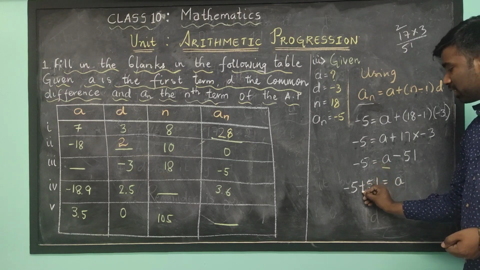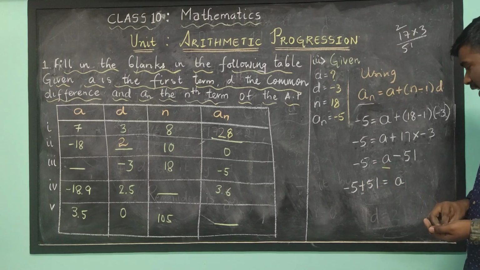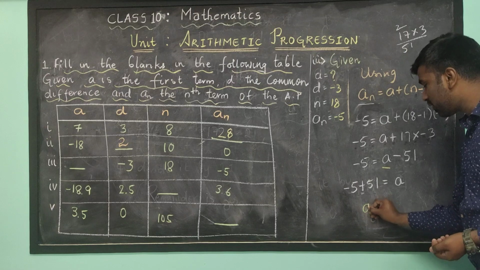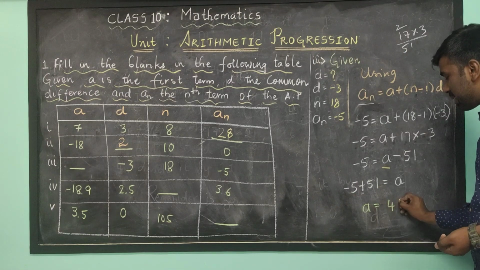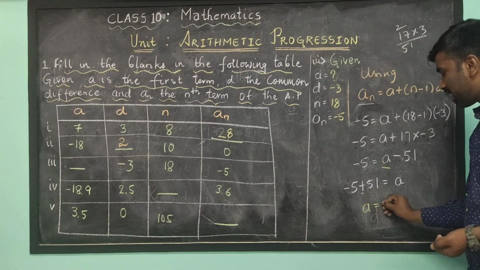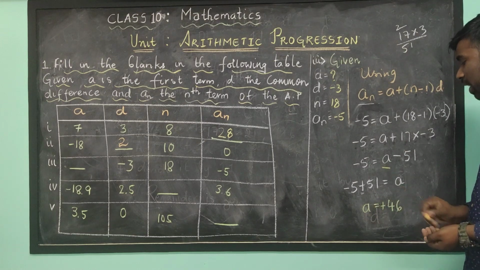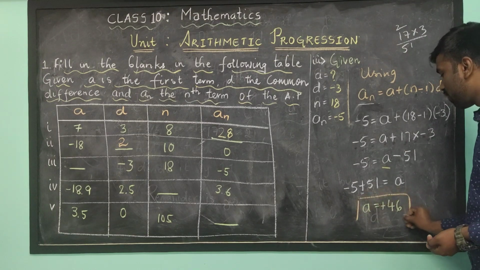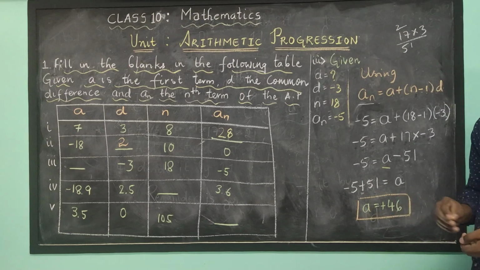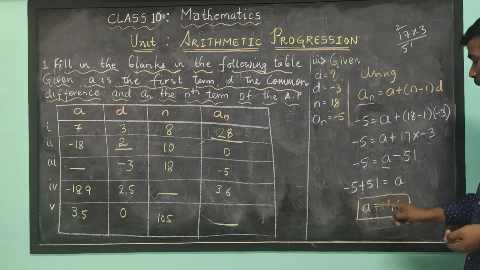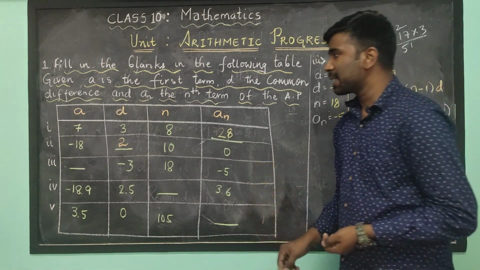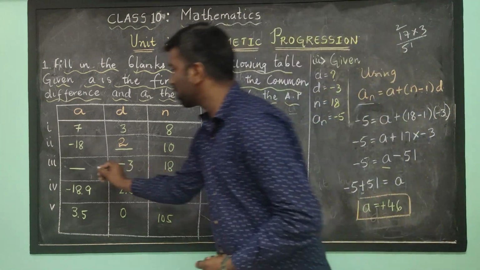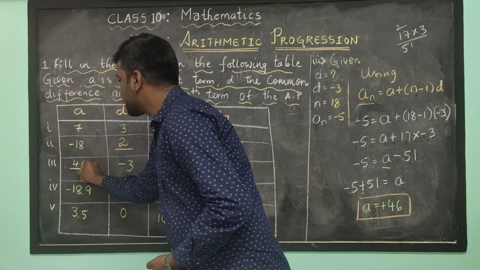After subtraction, put the bigger number's sign. Now I get 51 minus 5 is 46. What is the bigger number's sign? It is plus. Therefore, a equals 46. Now we'll fill in a equals 46 in this table. We get a as plus 46.